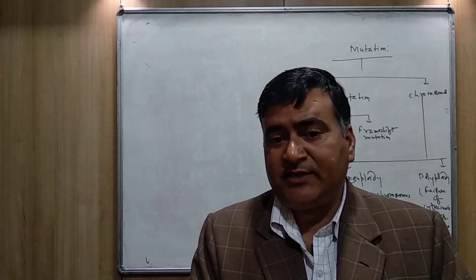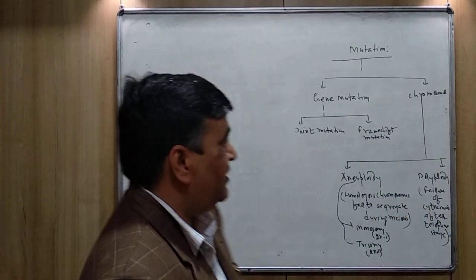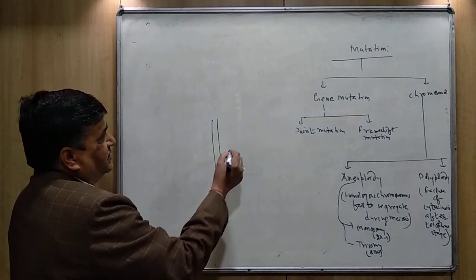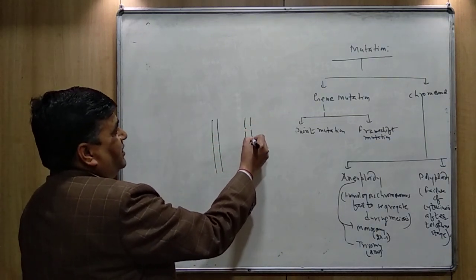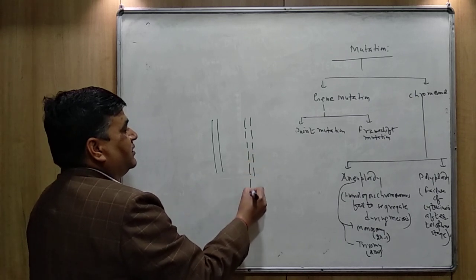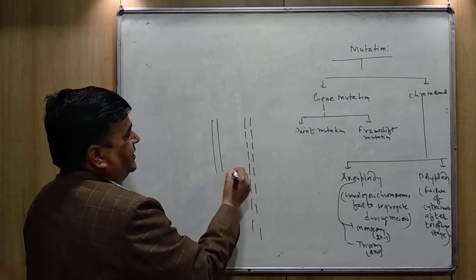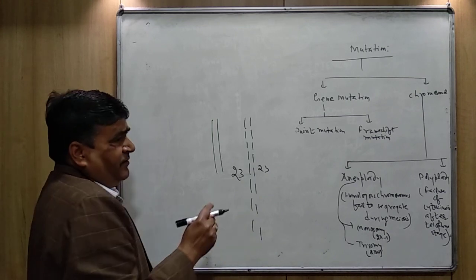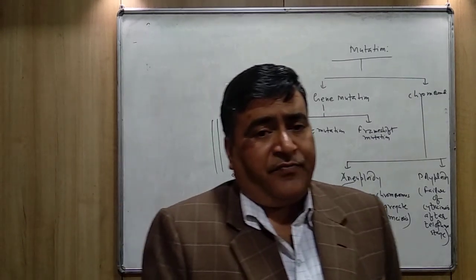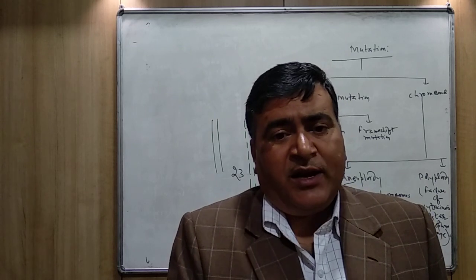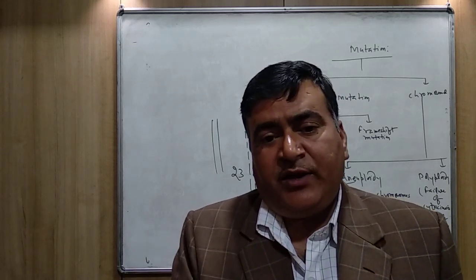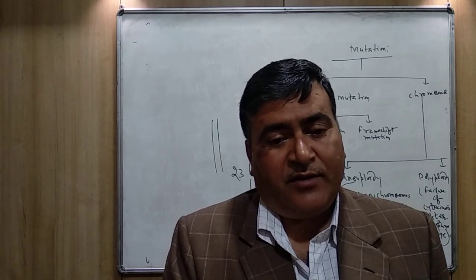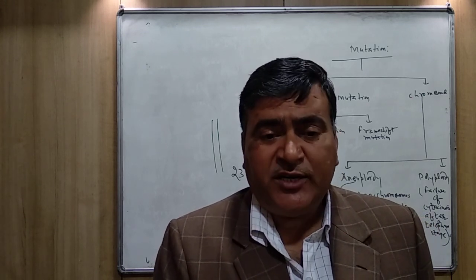2n equal to 46. It means we have two sets of chromosomes like this: 1, 2, 3, 4, like this, 23 here and 23 here. And if one or two chromosomes are going to be added, it will be a chromosomal disorder.